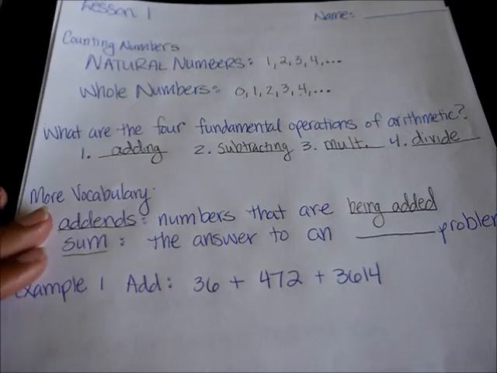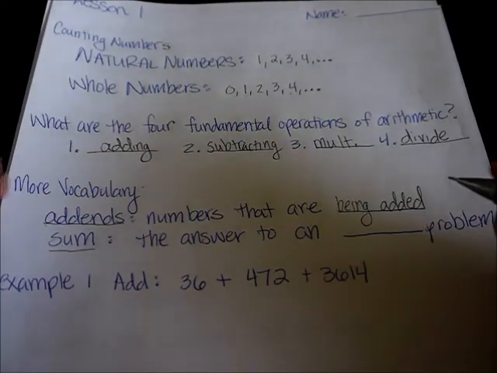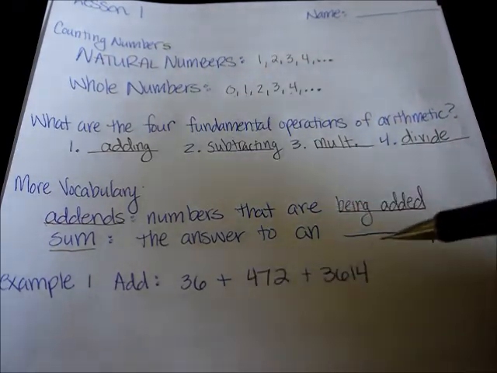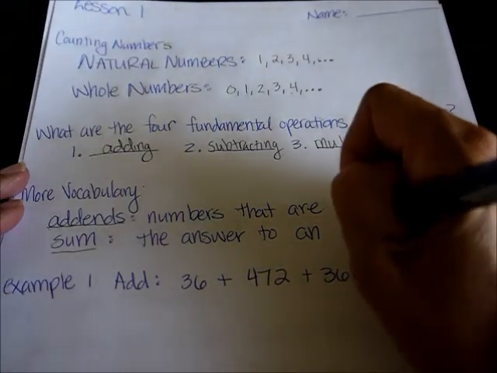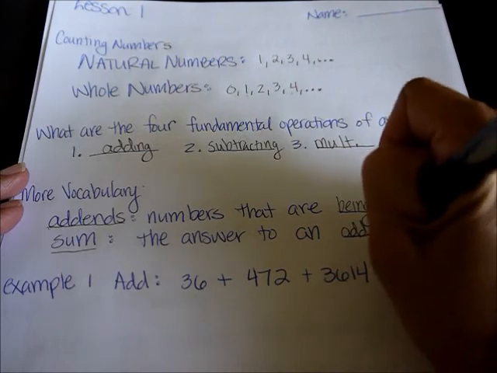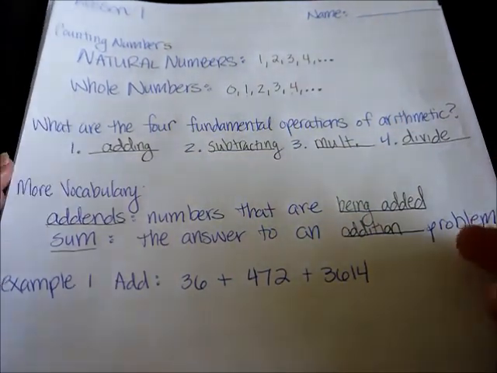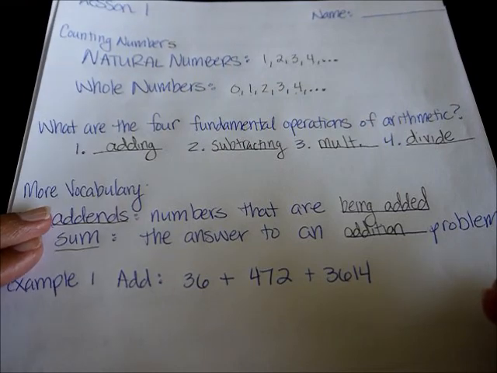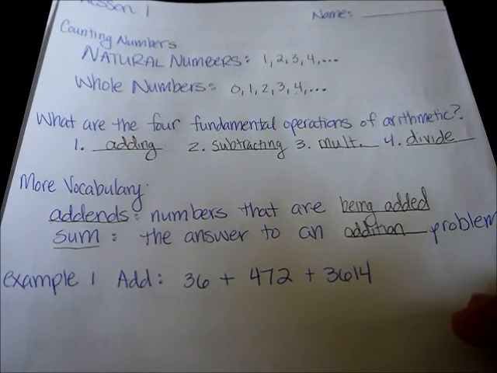Yes, I know you've heard this before, but I am reviewing. It has been a whole summer, and you might be a little rusty. So the sum is an answer to an addition problem. Now, the reason these notes are so long is we're going to go through this with adding, subtracting, multiplying, dividing. They all have their own vocabulary.